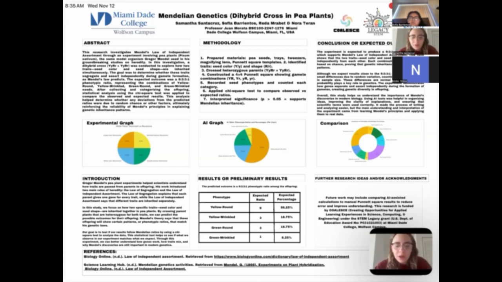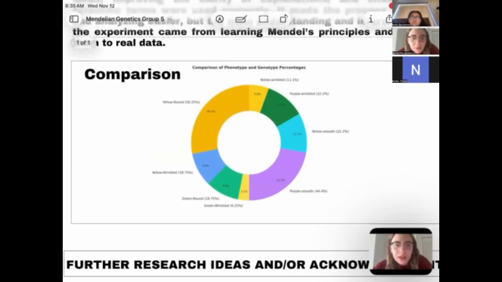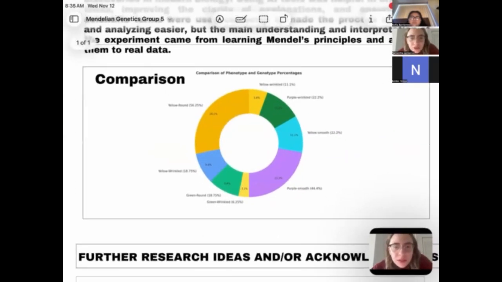Over here we have the comparison in the graph. The yellow round 56 shows a comparison of 28.1. The yellow wrinkle shows like 5.6. The purple wrinkle showed 22.2% and 11.1%.